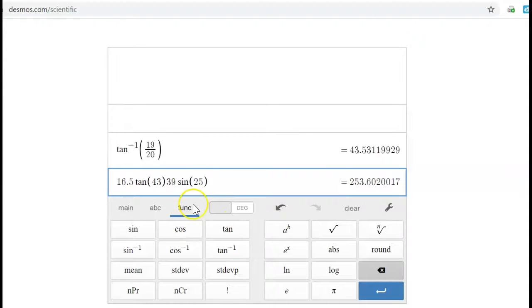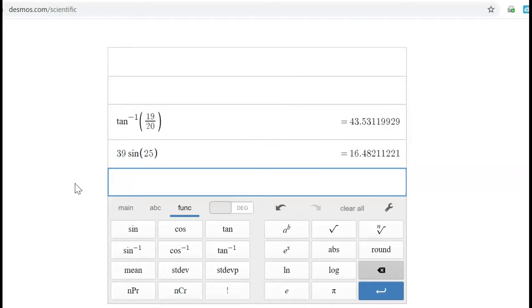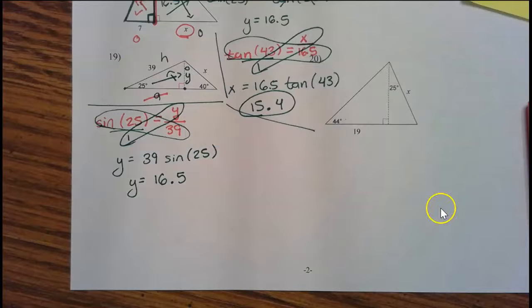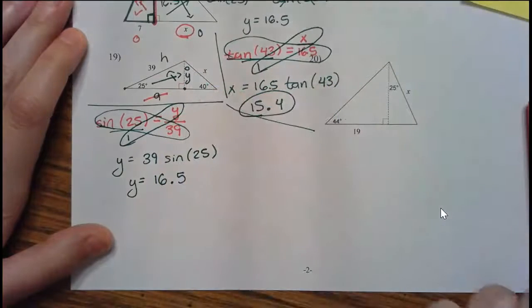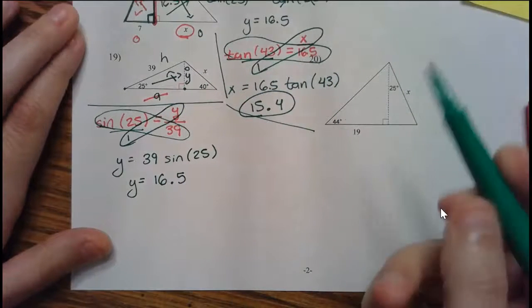Whoa, where did all that come from? It says round to the nearest tenth, so I'm going to round up to 16.5. So that is the side in the middle. So y is 16.5. Now we're going to use that to get x.